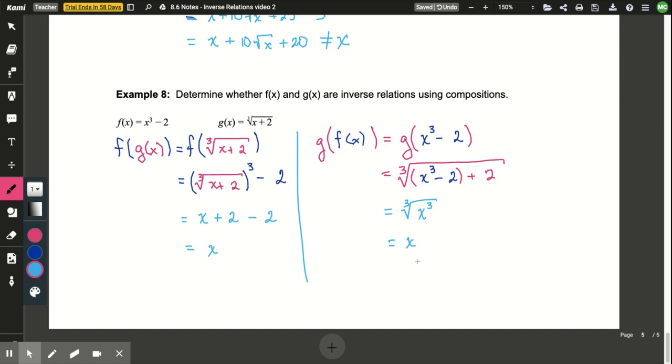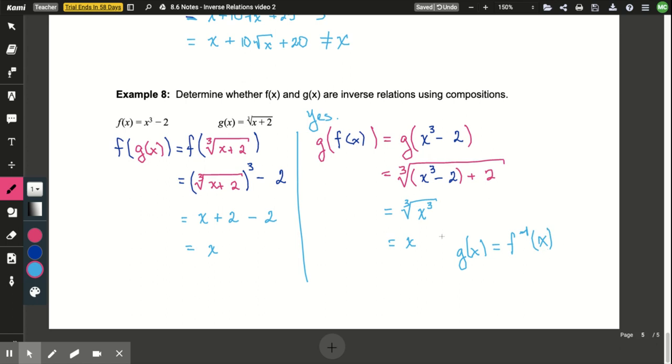So now when I composed the two functions the other way, g of f of x, I also got x. So that means these two are in fact inverses of one another. If I wanted to be really, really mathy in stating that, then I would say, well, that means that g of x is equal to f inverse of x. That's supposed to say f inverse.